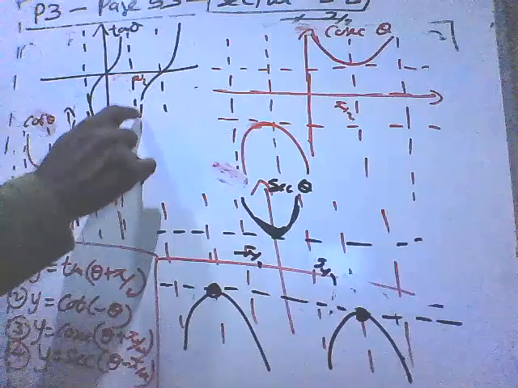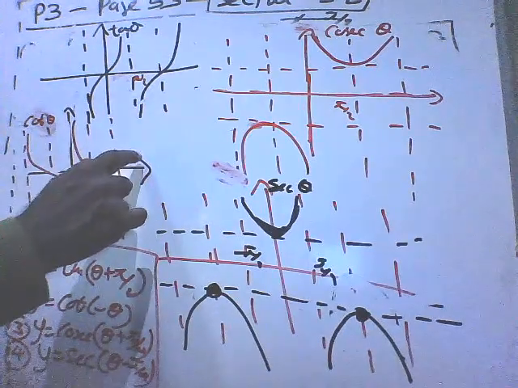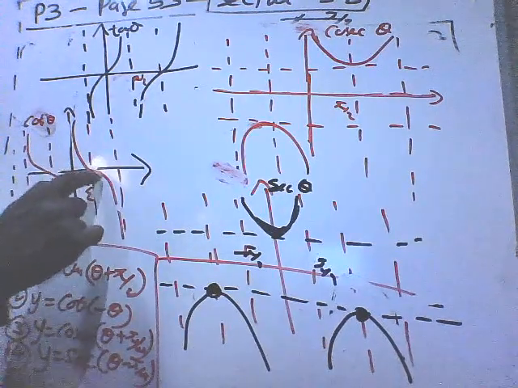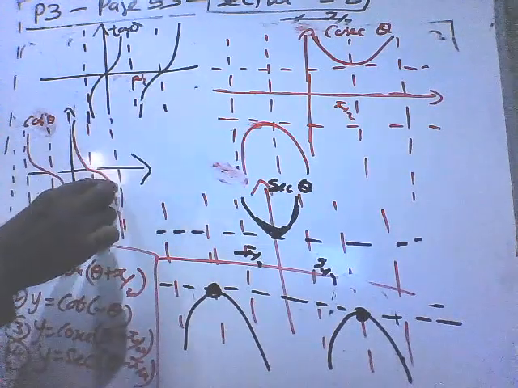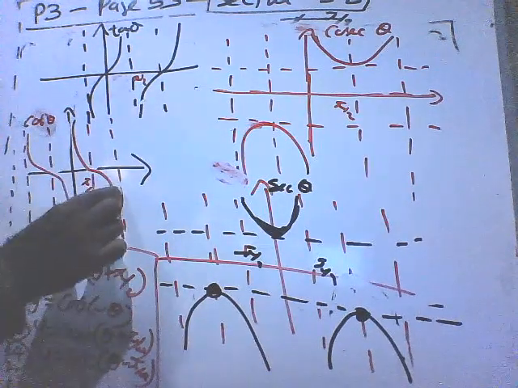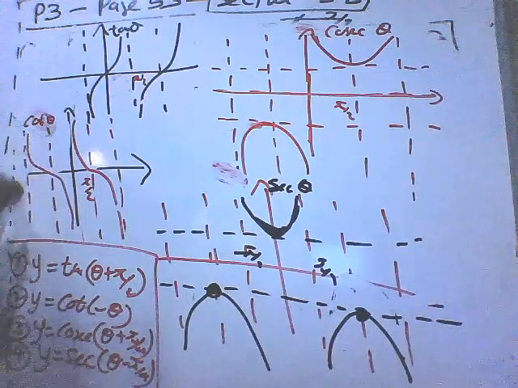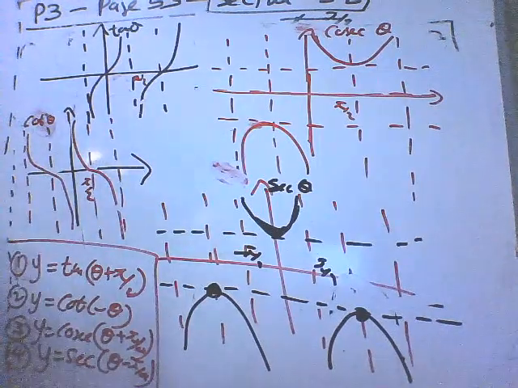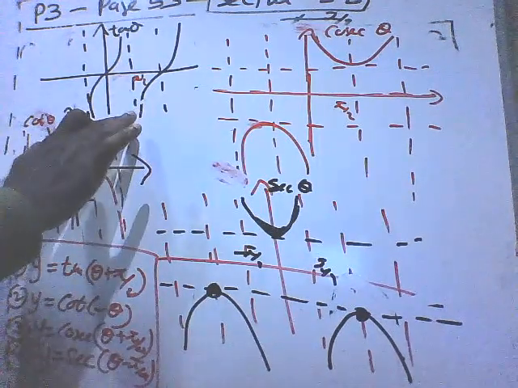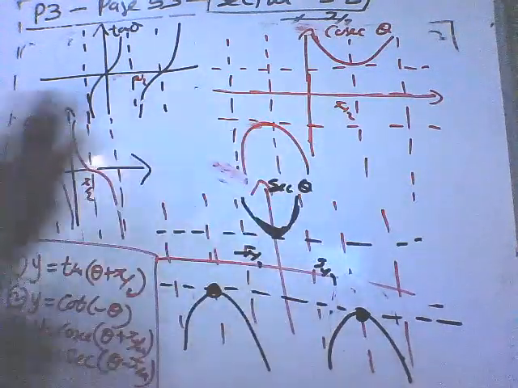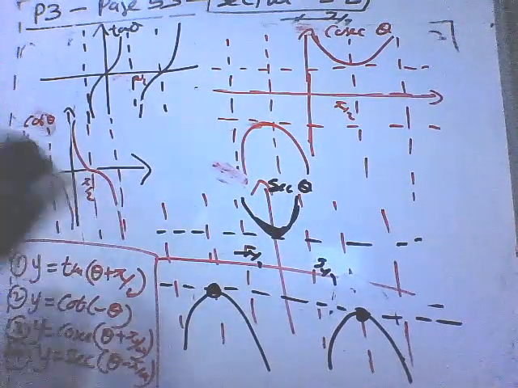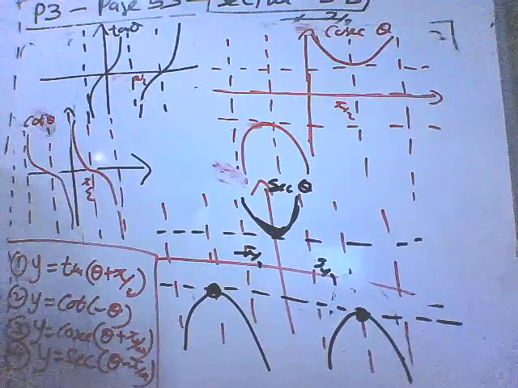That means when it is reaching infinity, it reaches 0 but with a negative value, because this part is getting converted into this. So you have to draw these and check. Anyway, cot theta looks like this, tan theta looks like this, cosec theta looks like this, sec theta looks like this. All these four are a little different to each other.